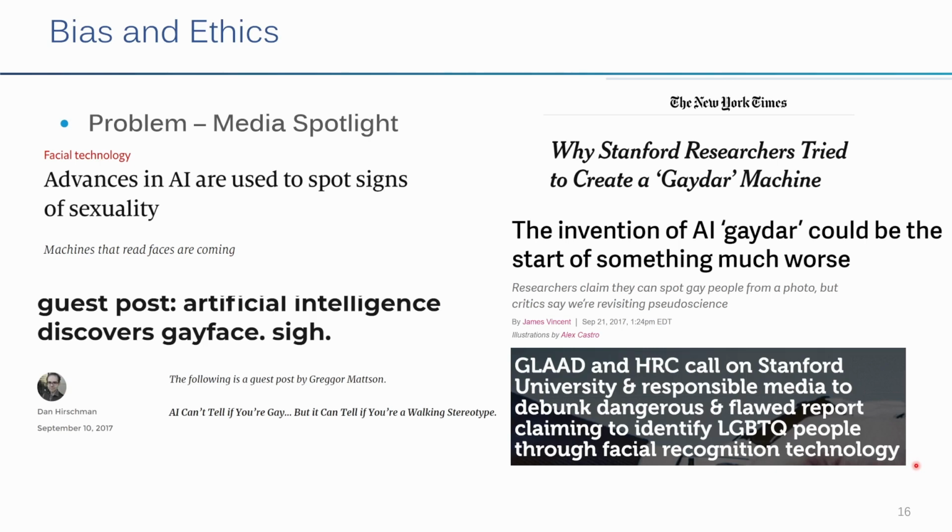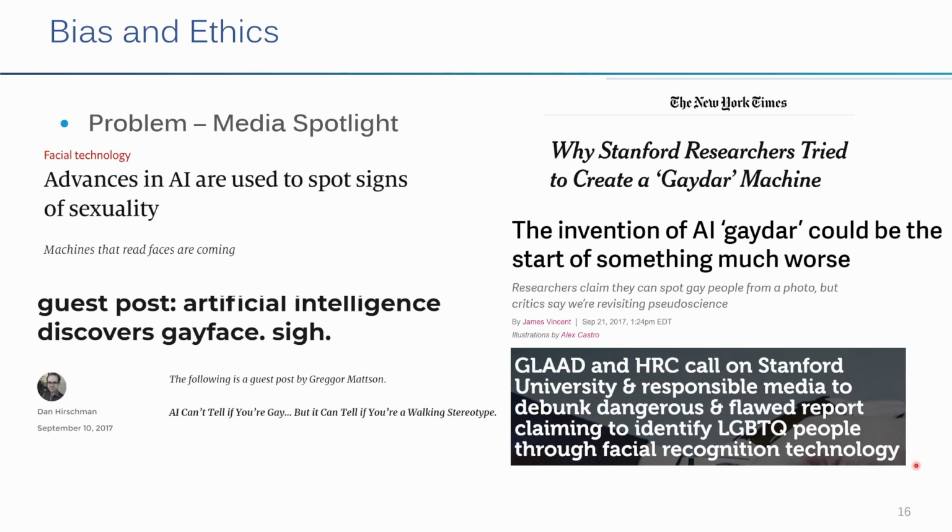Of course, the same happens with topics as sensitive as bias and ethics. So this particular paper got a lot of attention in media back in 2017, in which facial technology reported advances in AI are used to spot signs of sexuality.